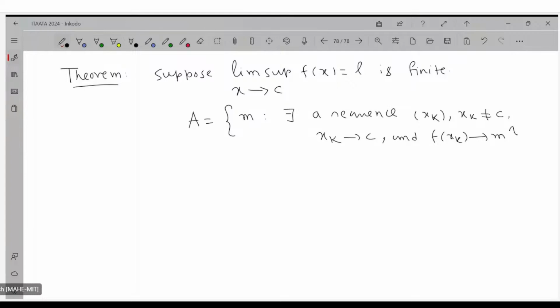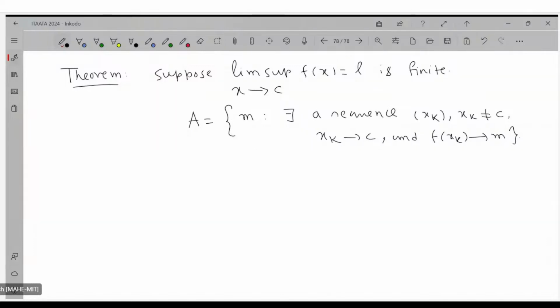So what we are taking over here is all sequences where, for all k, xk is not equal to C and xk converges to C. So actually we are taking all the sequences converging to C except those sequences with some terms equal to C. We are just discarding all those sequences, and then we are taking the limit of f of xk as k tends to infinity.